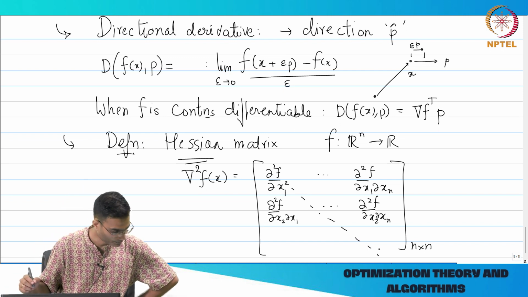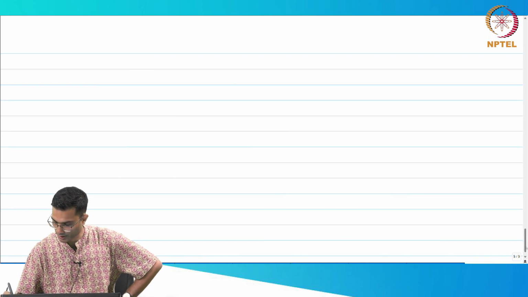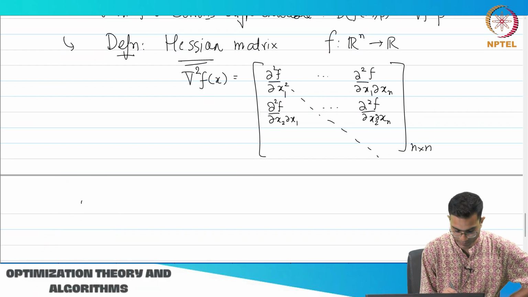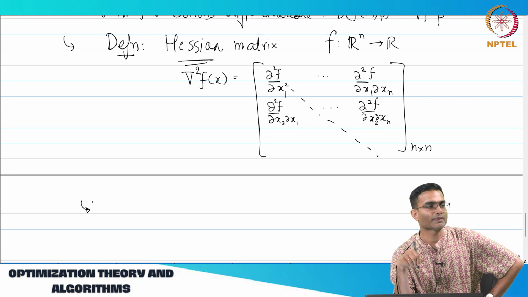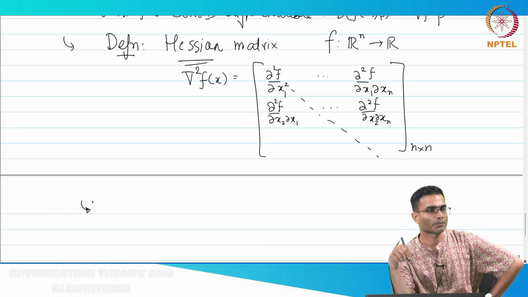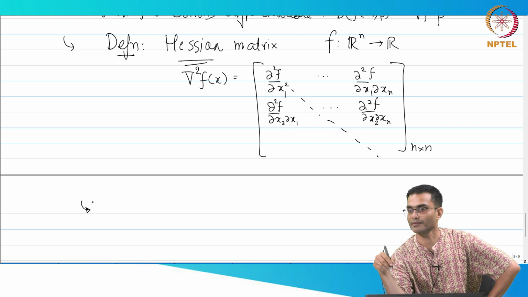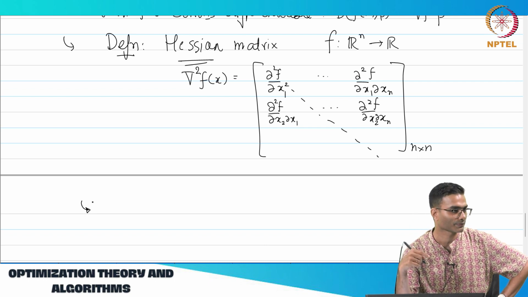This is a straightforward generalization of single variable calculus. We will use this when we start talking about Newton methods in optimization. But because there are second order derivatives, we have to first go over the methods which use the first derivative, right?